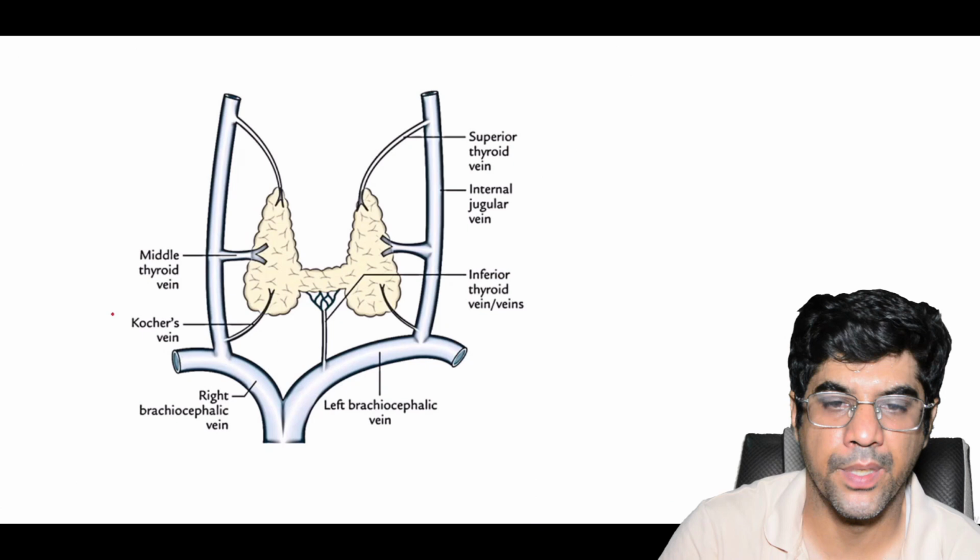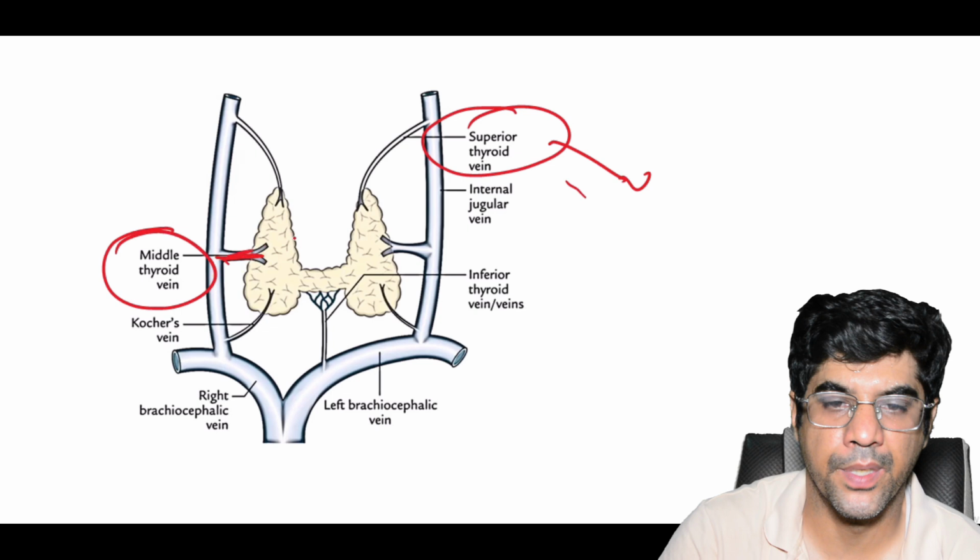Now moving to the venous supply, the venous drainage of the thyroid gland: the major veins are the superior thyroid vein. It drains the upper pole of the thyroid gland and follows the path of the superior thyroid artery. Other is the middle thyroid vein.